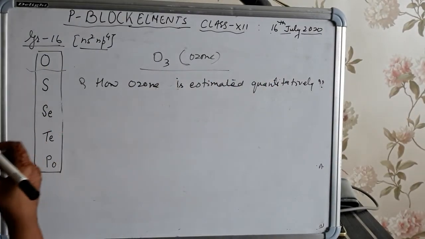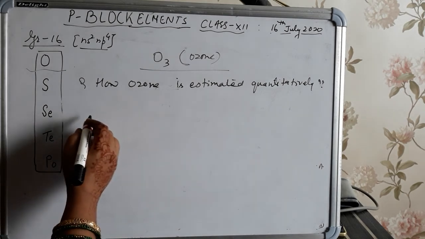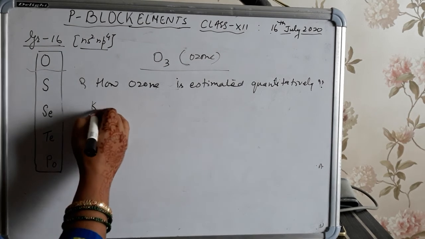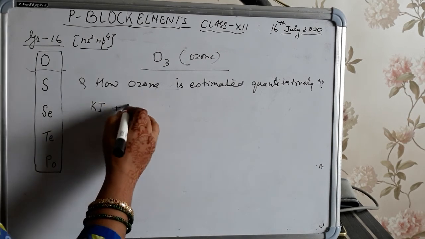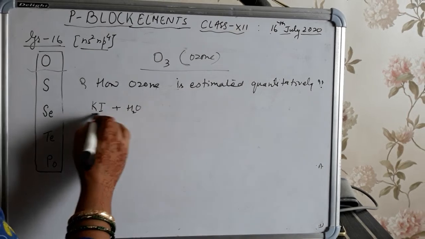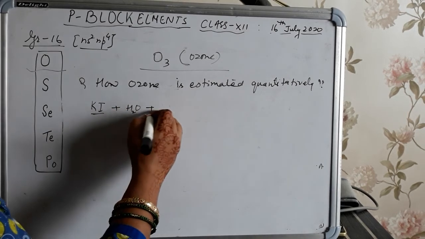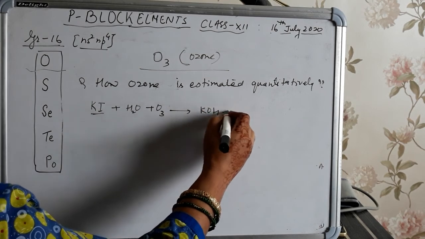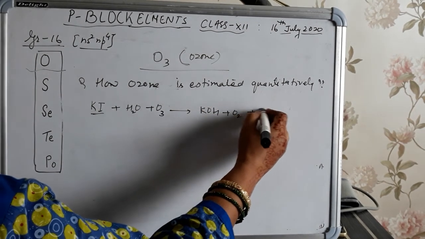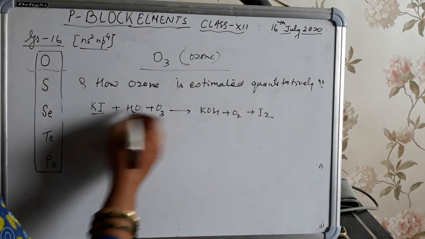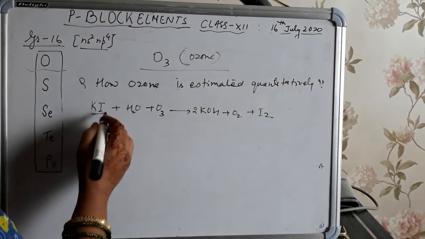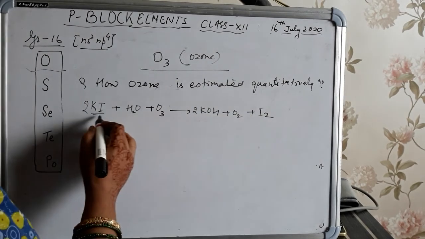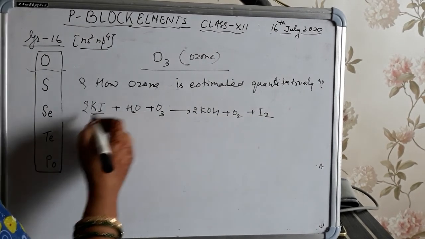So whenever ozone is treated with excess of KI solution, see here, when excess aqueous KI is treated with ozone, it will form KOH plus O2 plus iodine. So let's balance this equation to KI, and how much iodine is formed during the reaction of ozone and KI.